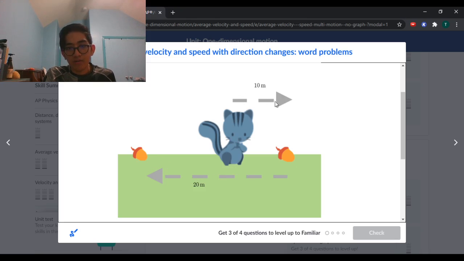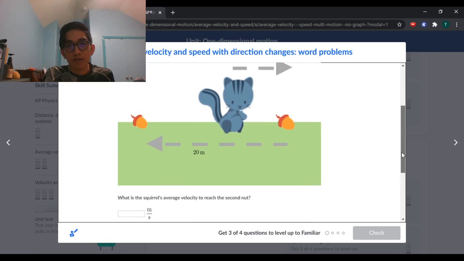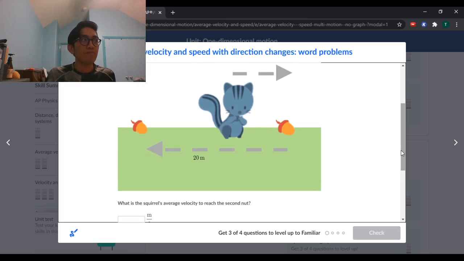Because here we cover 10. From here, follow my mouse, we cover 10 right here, right? But everything after that is a mystery, right? So what that means is we basically had a displacement of 10 meters, right? Because we start in this position of 0, and then we go to this nut, which is 10 meters away, right?